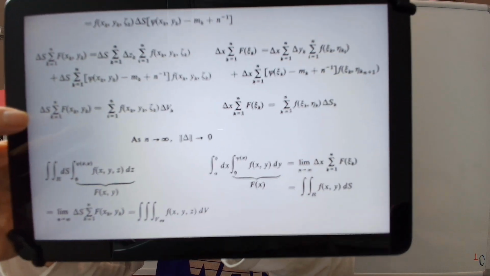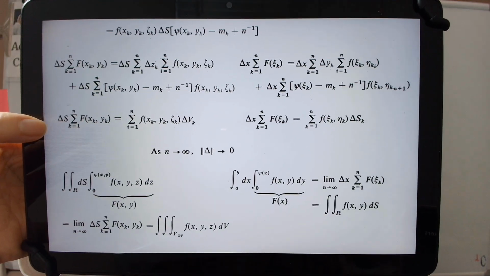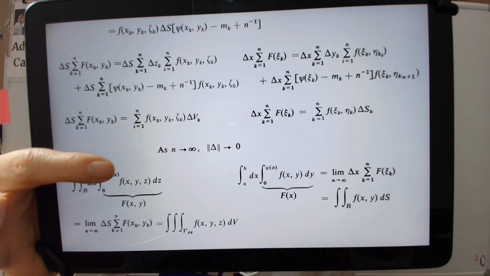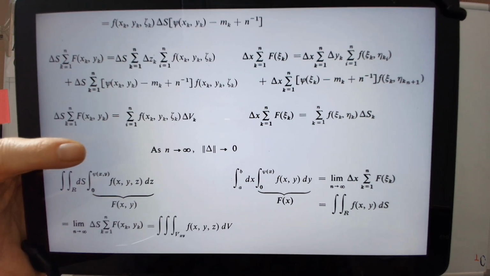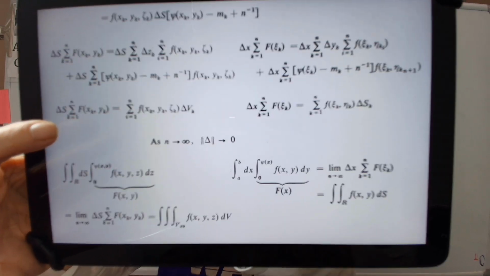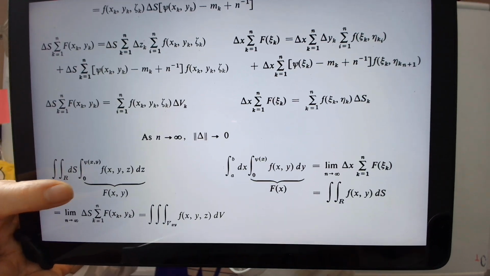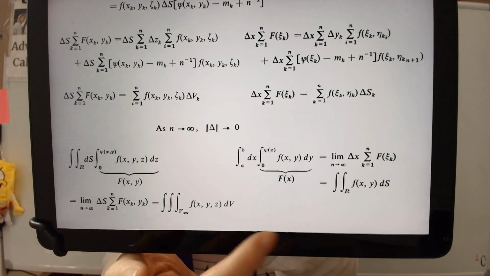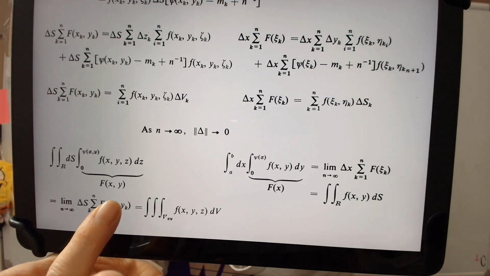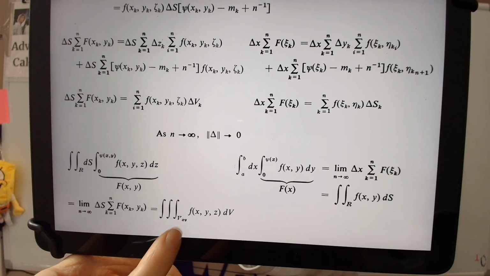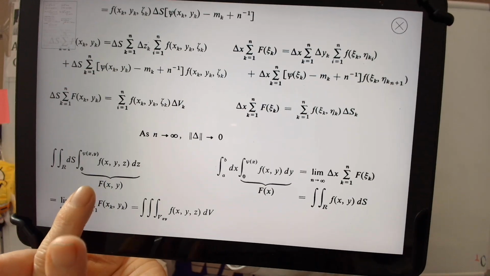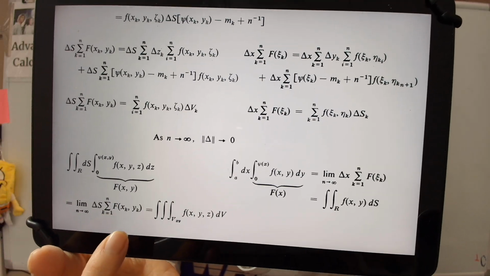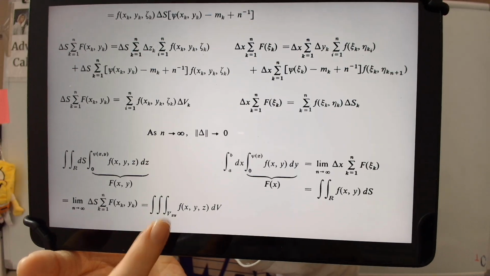If this is the case, as n goes to infinity, then the magnitude or the diameter of the partition goes to 0. And so all things crash into this thing. The big F here is similar to the big F before, and the limit ends up equal to the triple integral. So the iterated integral ends up being the same as the triple integral.